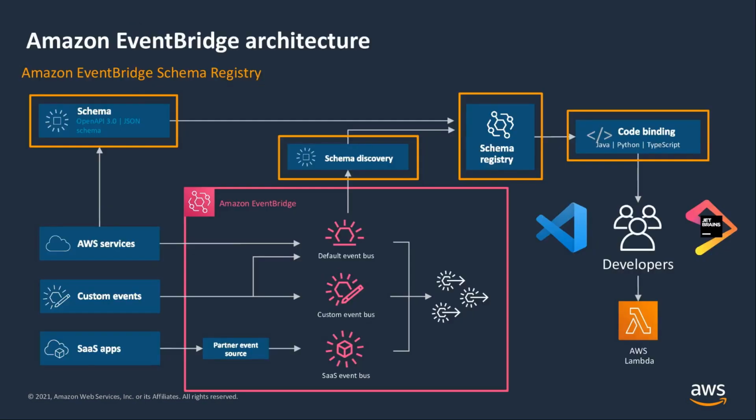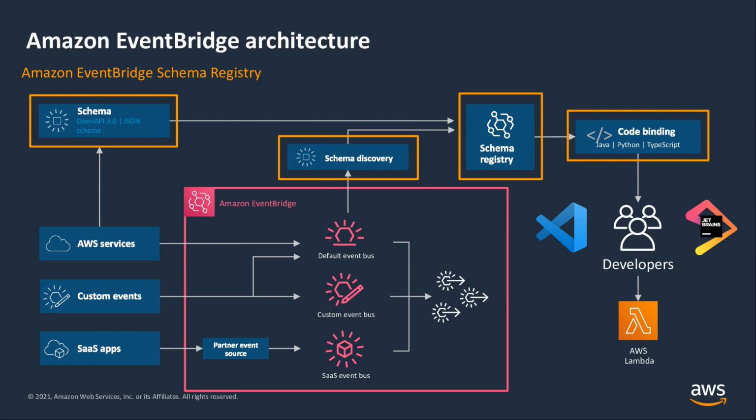Okay, so as the complexity of your architecture grows, you'll begin to ask yourself questions like, say, how do I describe and version events? Or how do I enable my development teams to easily discover events in my organization? Or how do I increase developer productivity while maintaining consistency across different implementations?